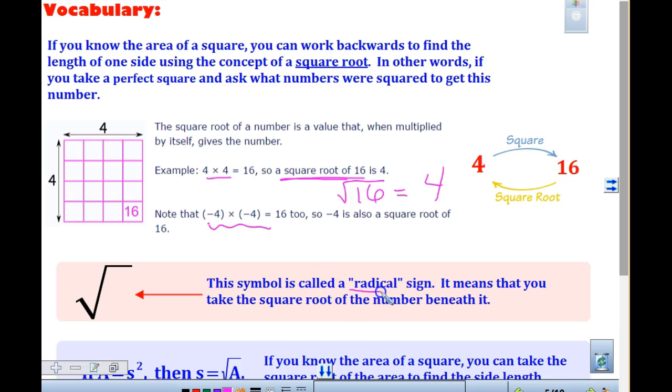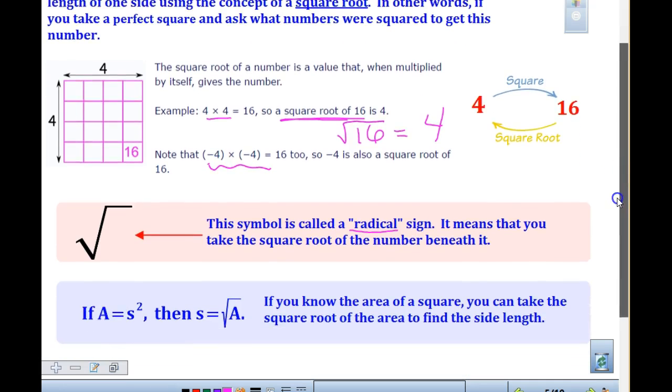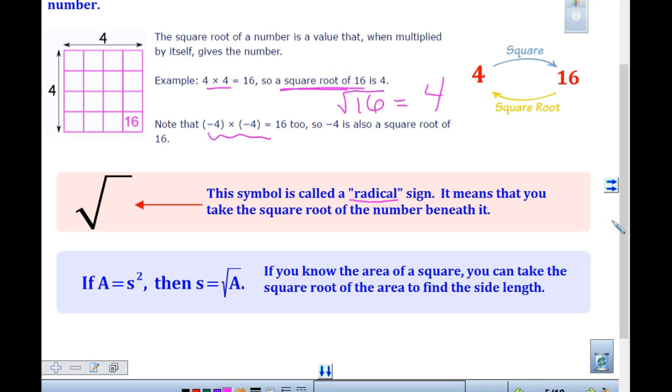This is called a radical symbol. Not radical like, oh my gosh, your parents think you're radical because you believe one thing and they believe something else, right? Not that kind. It means that you can take the square root of that number. So it says A. Why do we use A? A stands for our area of the square, right? So this is area of the square.